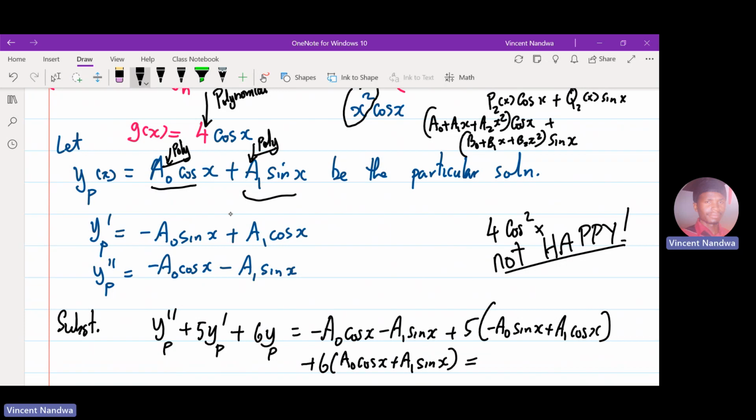So it should give us the right-hand side 4 cos x. And you don't lose your ink by forcing a term in sine on the right-hand side.